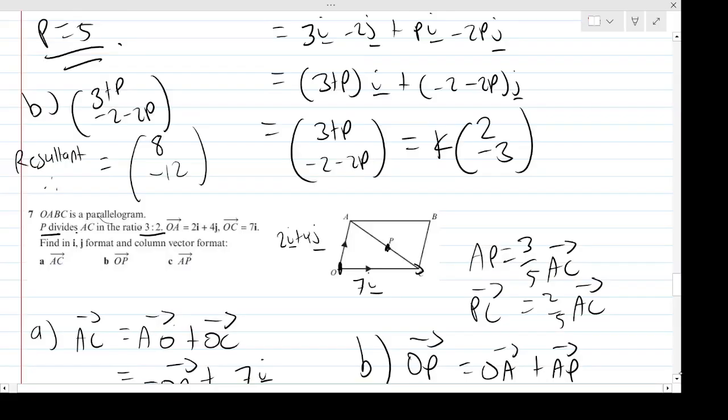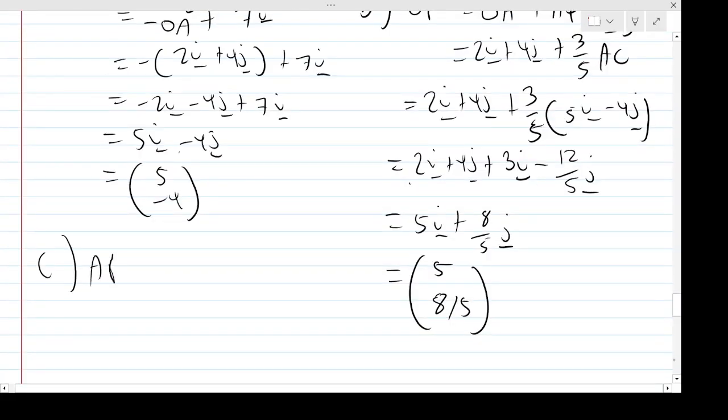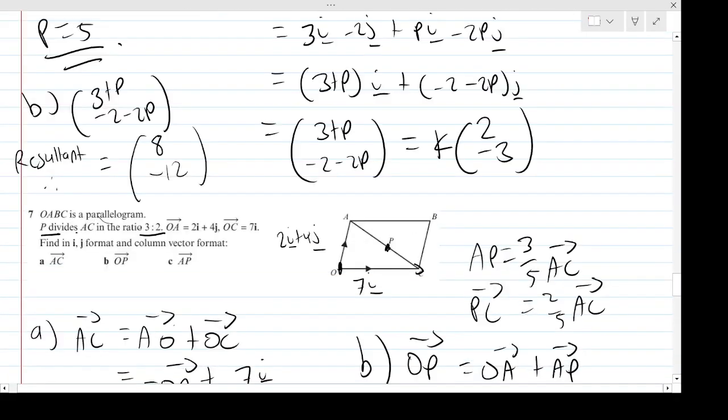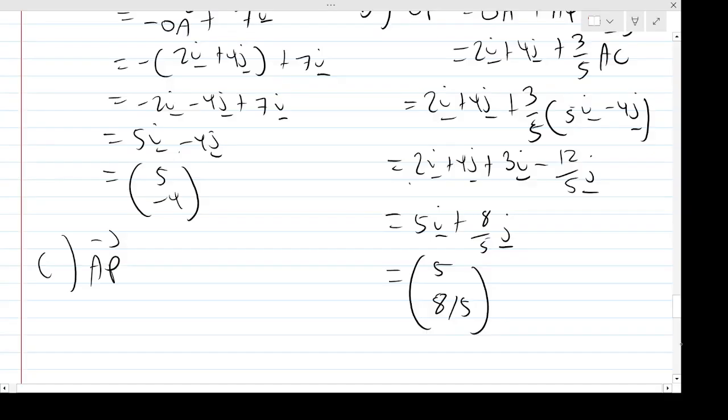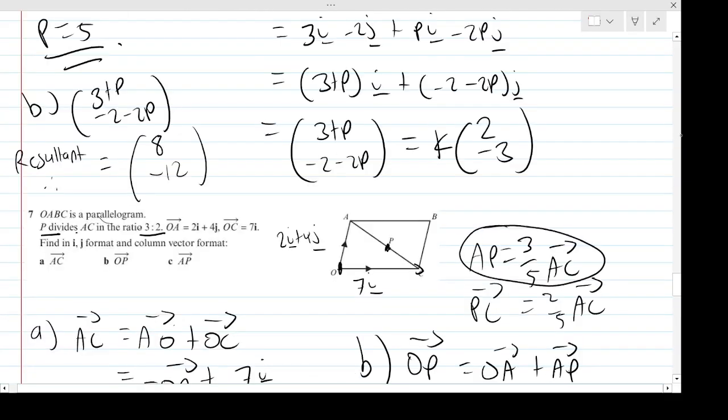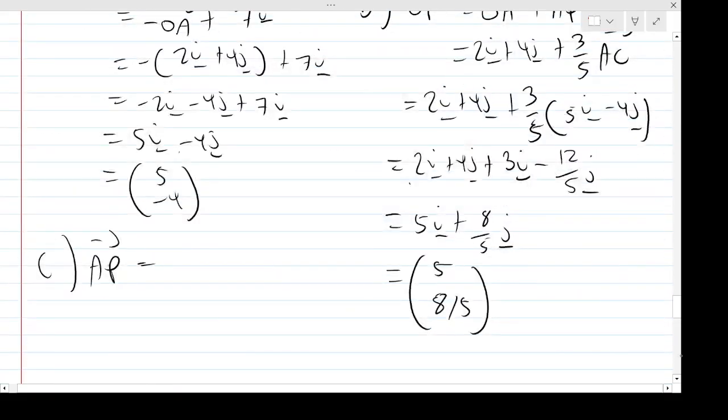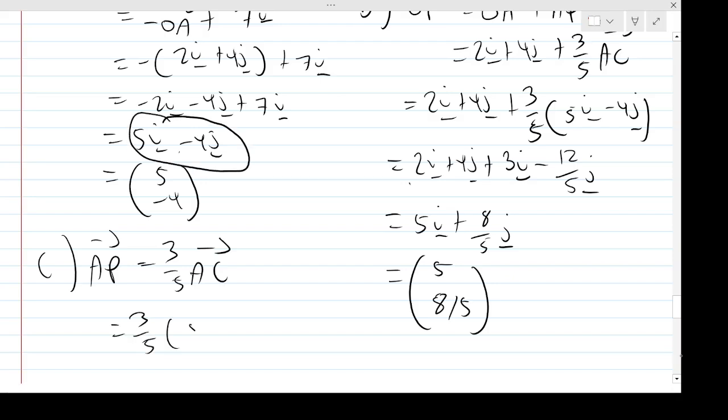Right, then part C says A to P. Well, that's interesting. We already worked that out. I think the question meant to find AP for part B and then O to P, because we already found AP in part B. So A to P, as we just discussed up here, is 3/5 of AC, which we worked out in part A, so it's going to be 5i minus 4j.